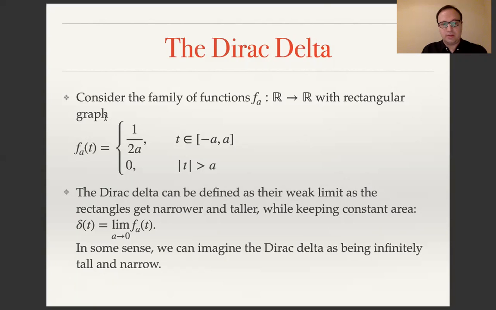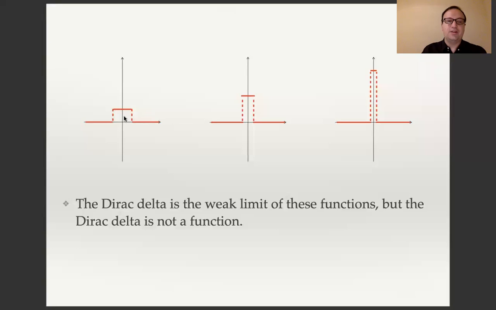So it's these functions, f_a of t is 1 over 2a when t is between minus a and a, and 0 when the absolute value of t is bigger than a. So here is a graphical representation. These are the functions f_a that have a rectangular graph. So in other words, the area under the graph is a rectangle.